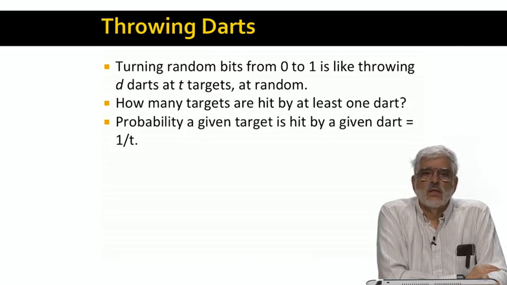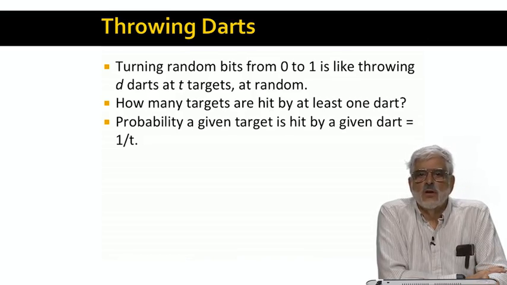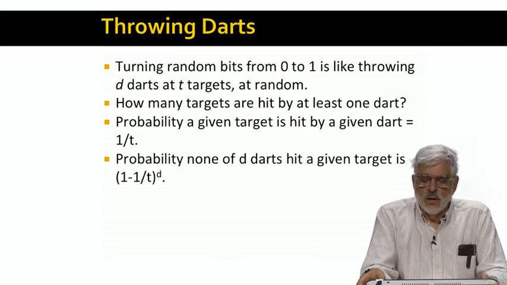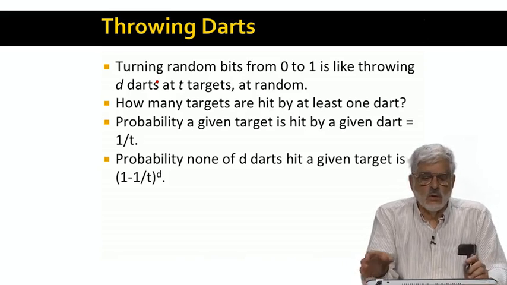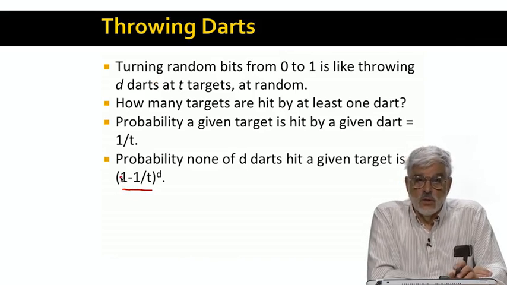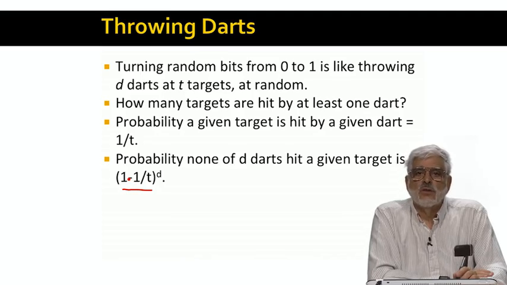To calculate this number, start with the observation that if we throw one dart, the probability that a given target is hit is 1 over t. And if we throw d darts, the probability that none hit the target, that is, the bit remains 0, is 1 minus 1 over t, to the power d. That is, 1 minus 1 over t is the probability one dart does not hit.